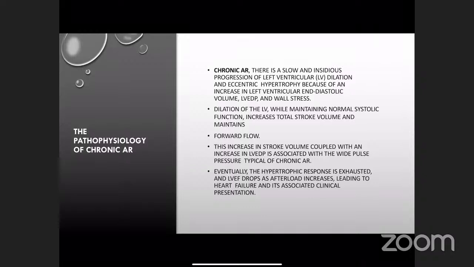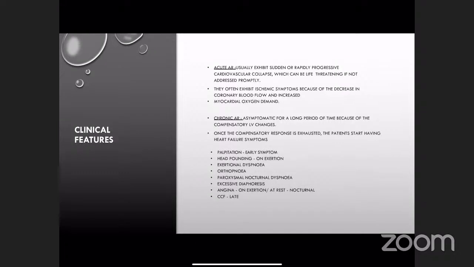This increase in stroke volume coupled with an increase in left ventricular systolic pressure is associated with the wide pulse pressure typical of chronic aortic regurgitation. Eventually, the hypertrophic response is exhausted and left ventricular ejection fraction drops as afterload increases, leading to heart failure and its associated clinical presentation.